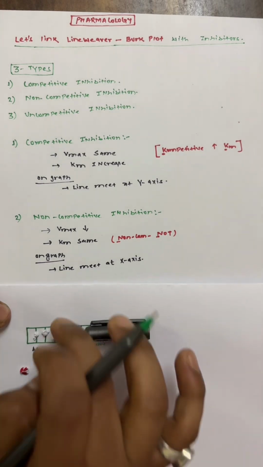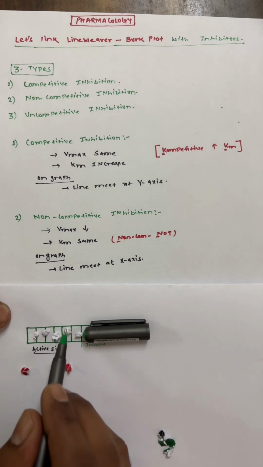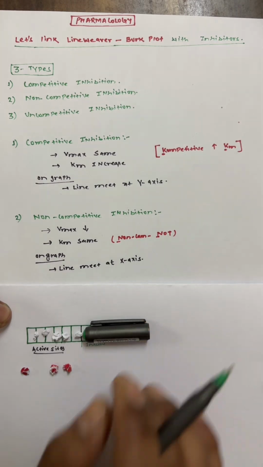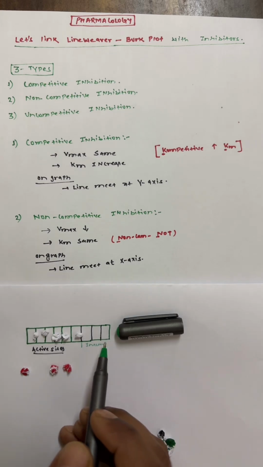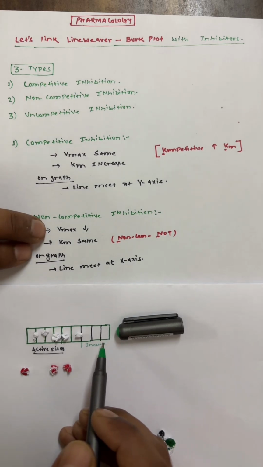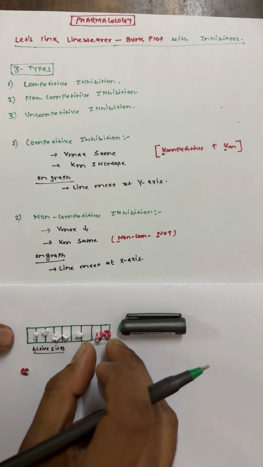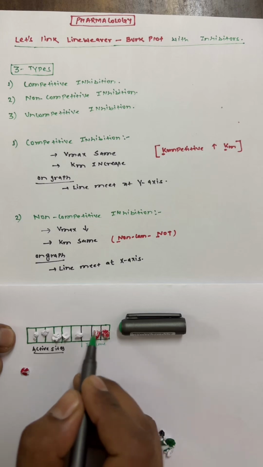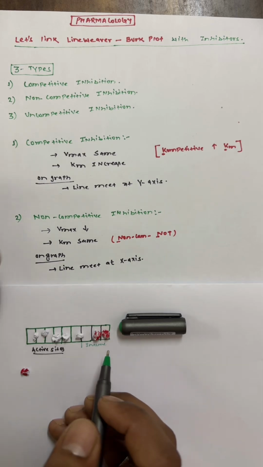Suppose these are the non-competitive inhibitors. They will not compete with the substrate, but they will sit somewhere else, and that will decrease the enzyme activity. That's why the Vmax will decrease, and the Km will remain the same.